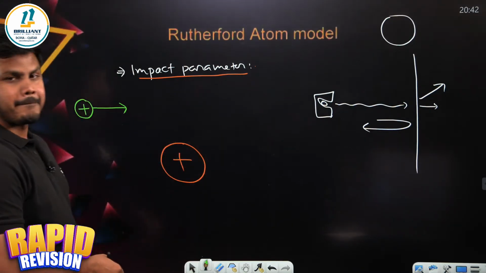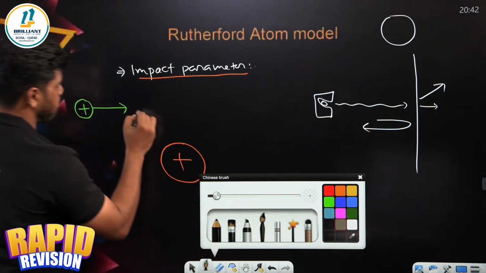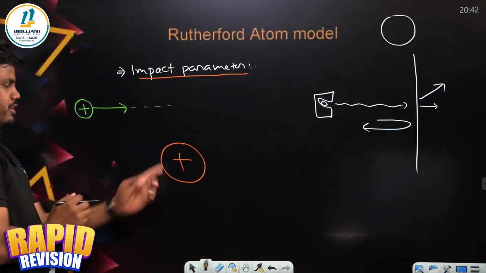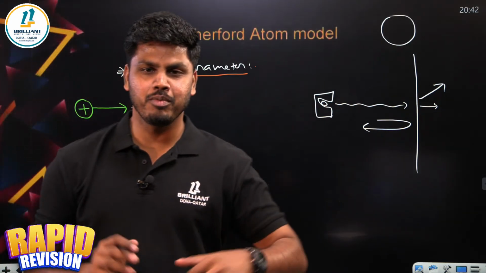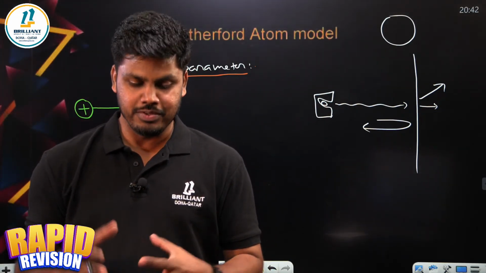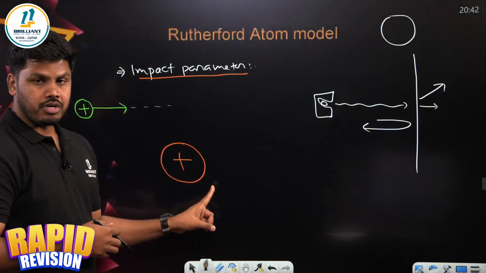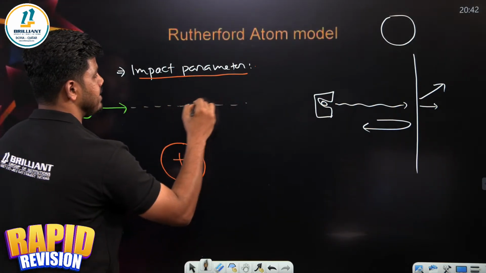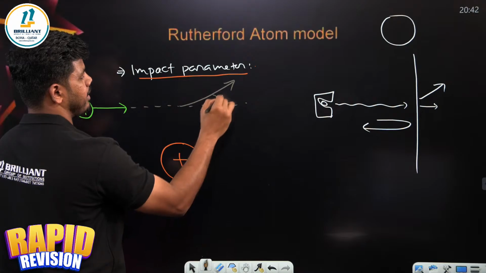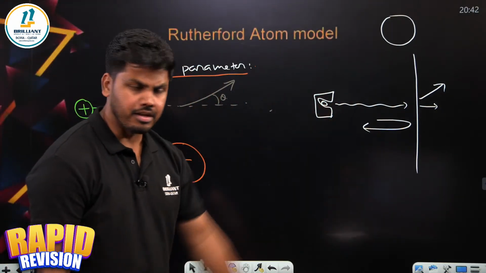So when this alpha particle approaches the nucleus, what happens? Repulsive force, right? He is explaining it more physically, with charges interacting, positive charge and positive charge. There will be a repulsive force, because of which this alpha particle is expected to deviate by an angle theta. That is called the angle of deviation or scattering angle.